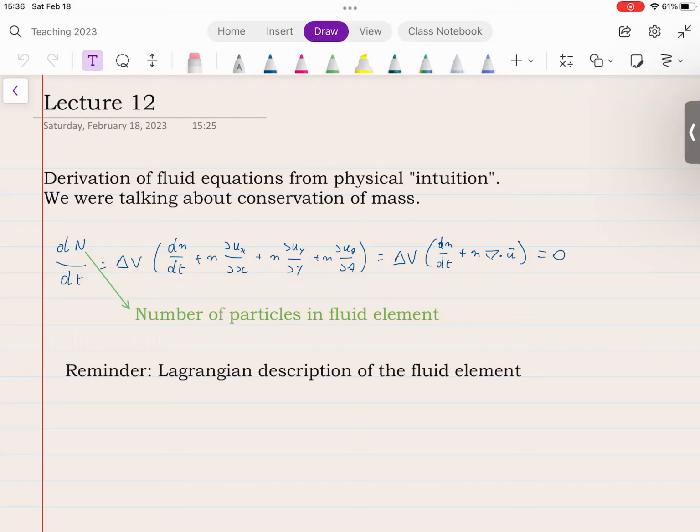Now, equations are, in general, but not always, more useful to us in the frame of reference of the lab, and that's what's called the Eulerian approach, where we set a system of coordinates, and we use that for describing our plasma.